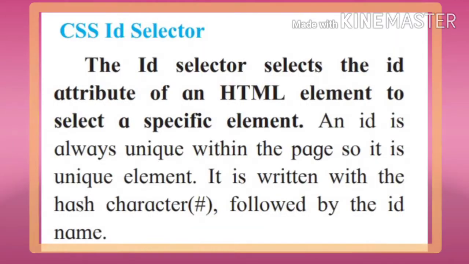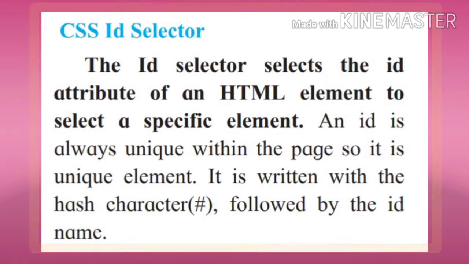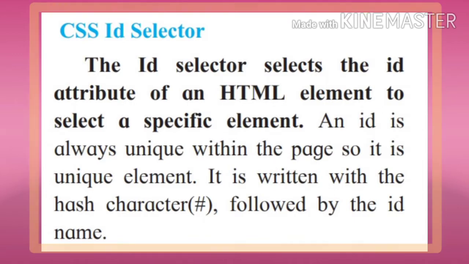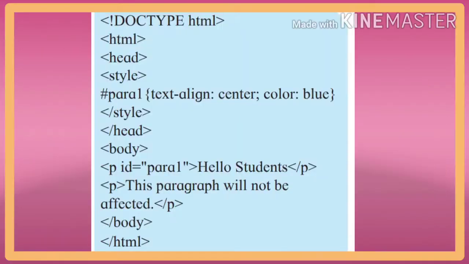Next is the ID selector. The ID selector is similar to the class selector. Instead of a dot, it uses the hash character. It is written with the hash character followed by the ID name. In this example, we declared one ID, para1, followed by the hash character. The declaration is within the head section by using the style tag.